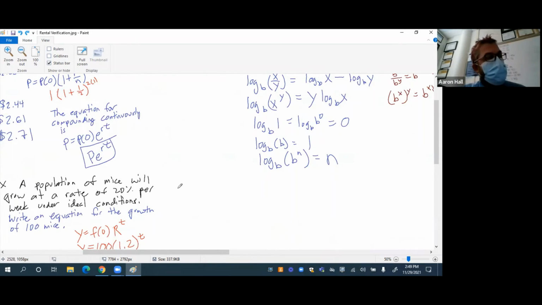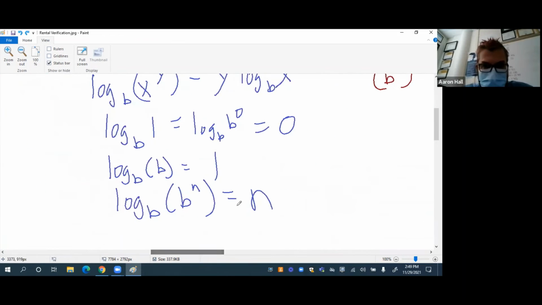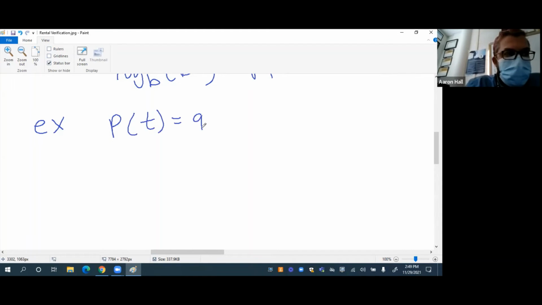So let's do another one. Let's say I'm going to zoom in. Here's our example. I have an equation. The equation is P of T equals 92,500 times e to the power of 0.05T.